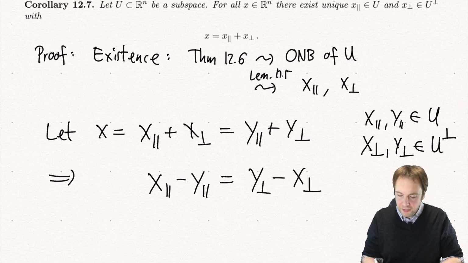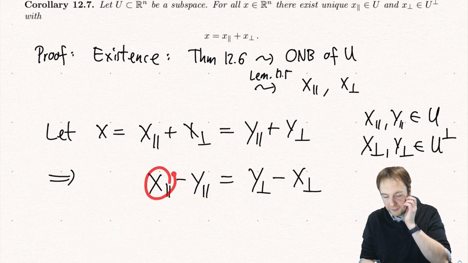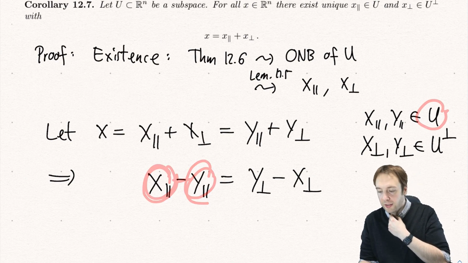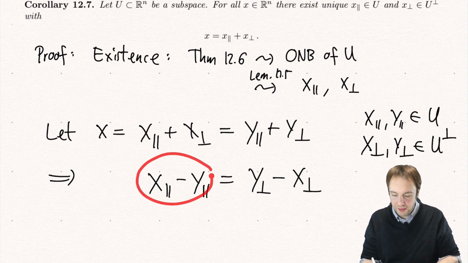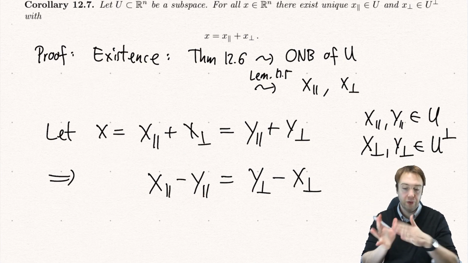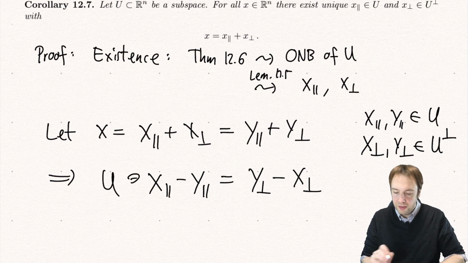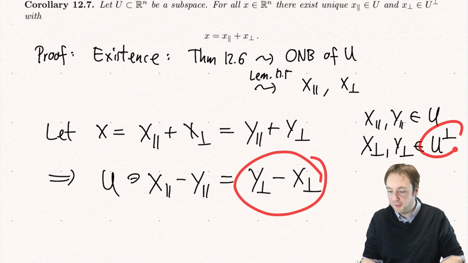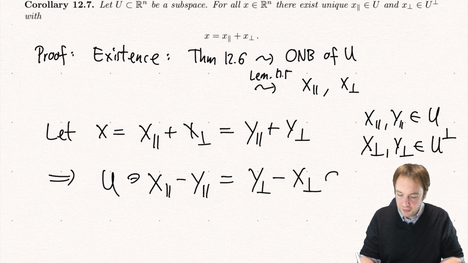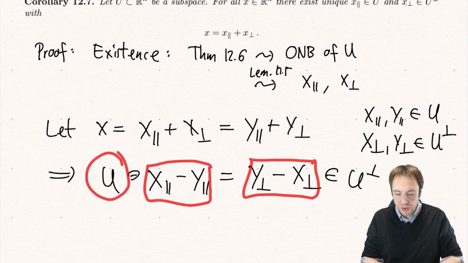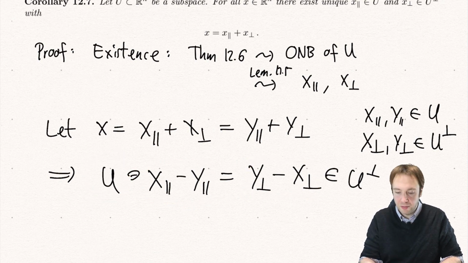And on the left hand side, I have a difference of two elements in U. And we learned that if I have two vectors in a subspace and I add them or I subtract them, then this is still in U. And here I have two elements in the subspace U orthogonal, so this here is in U orthogonal. So therefore, this thing here, which is equal to this thing, is in U and in U orthogonal.